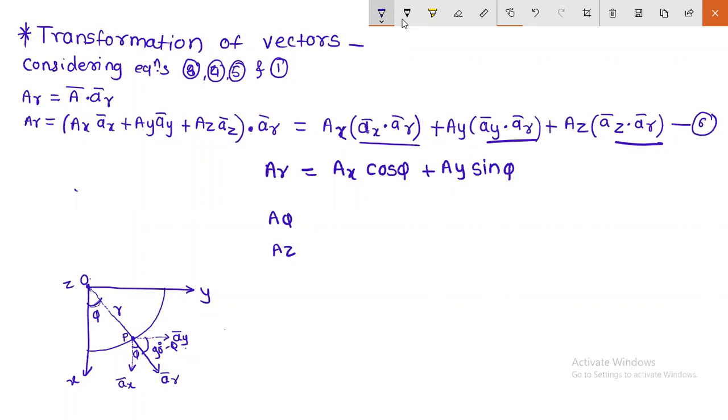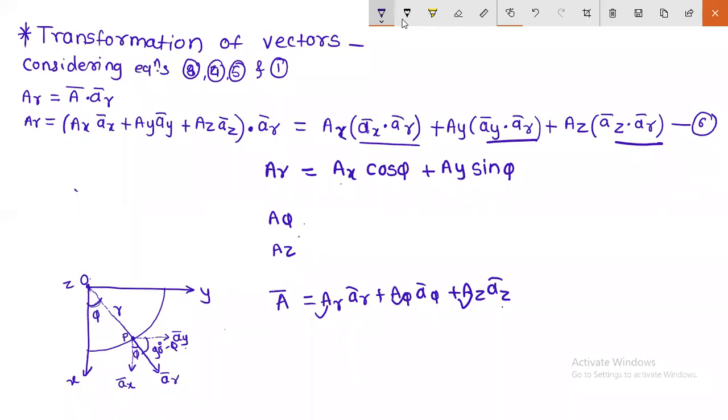If you get this AR, A phi and AZ, you can write vector A bar in cylindrical system as AR, A bar R plus A phi, A bar phi and plus AZ, A bar Z. Means here you will know these values, and you will have the unit vectors, means you can represent vector A bar in cylindrical coordinate system.